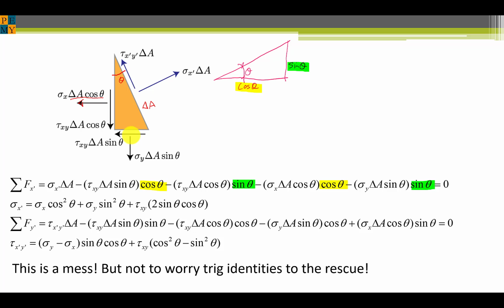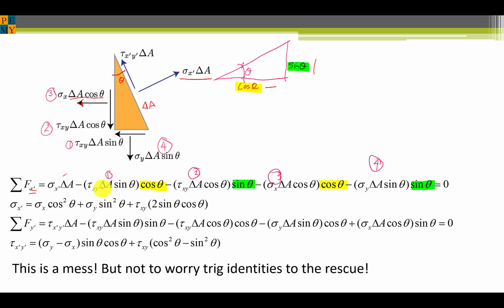In order to go through all of these equations, and I'll do it just once for the top equation, we want to get organized. So anything in the horizontal direction scales by cosine of theta, as we've already seen. Anything in the vertical direction scales by the sine of theta. Another thing we can do to get organized is to jot down the various arrows that are shown on the original face of the stress element by the 4 bubbles. So if we sum the forces in the x prime direction, we'll start with sigma x prime delta A here.